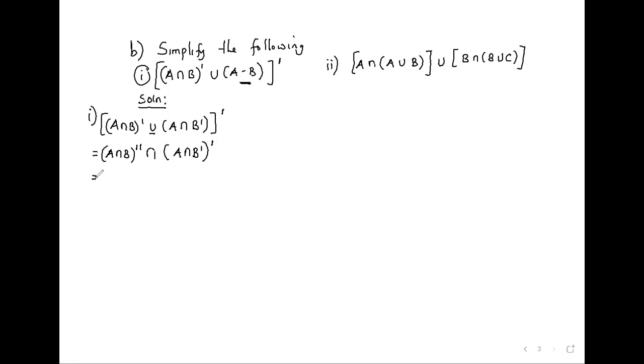The two complements cancel each other. It will remain with A intersection B, intersection. That complement comes inside. Union B complement, it just remains B.